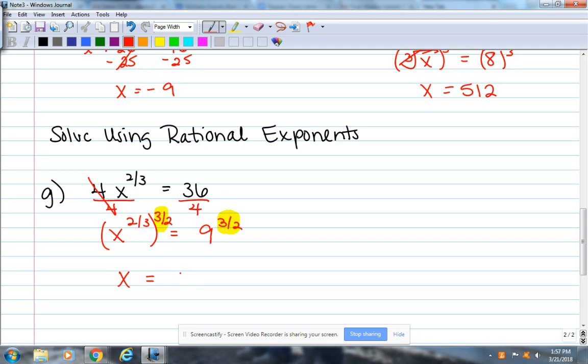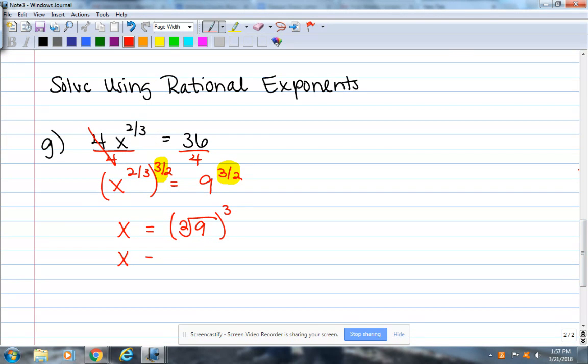So that's the square root of 9 all raised to the 3rd power. So when you have a rational exponent, the denominator is your index, and you're going to raise everything to the numerator power. Big number goes in the radical. Okay, y'all with me? What is the square root of 9?